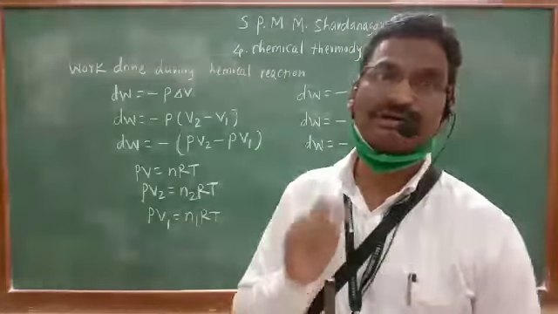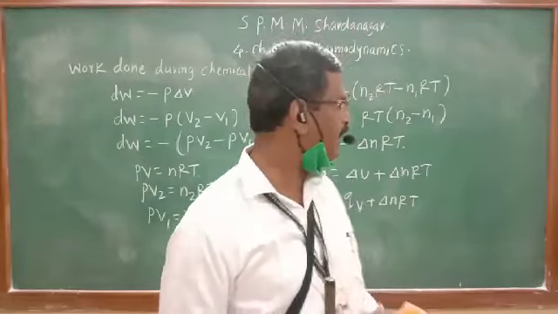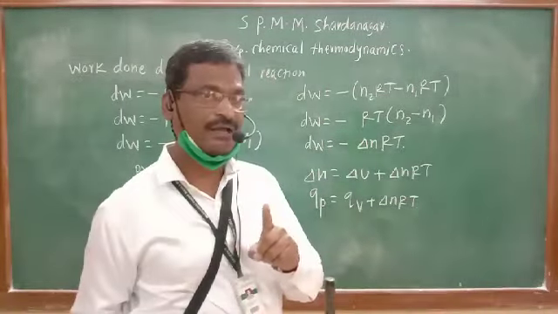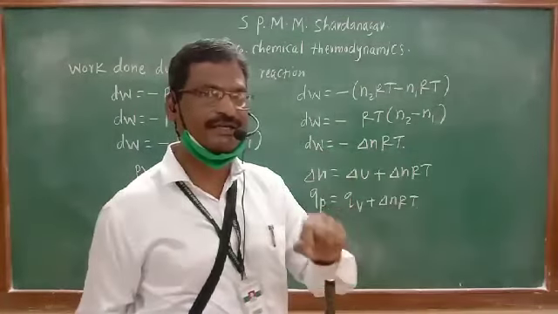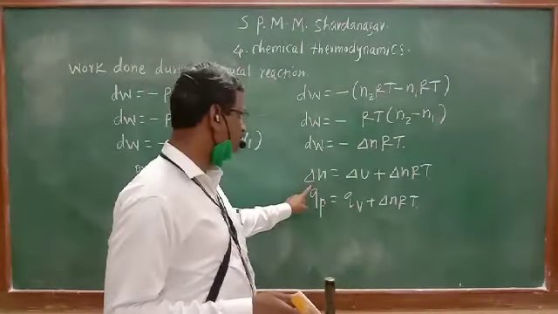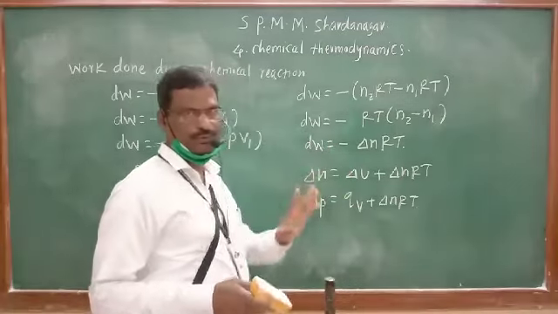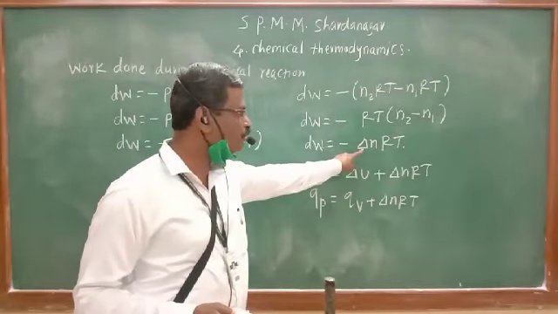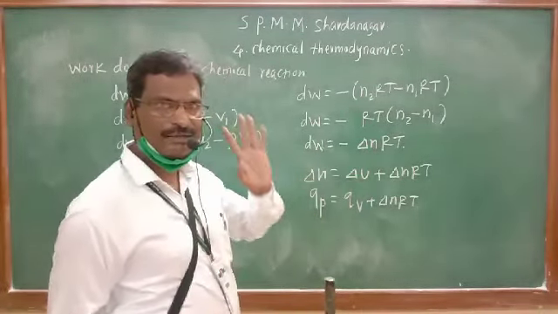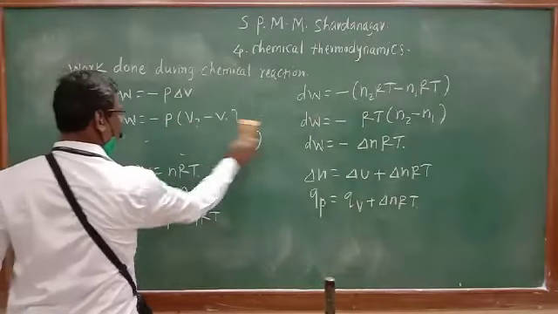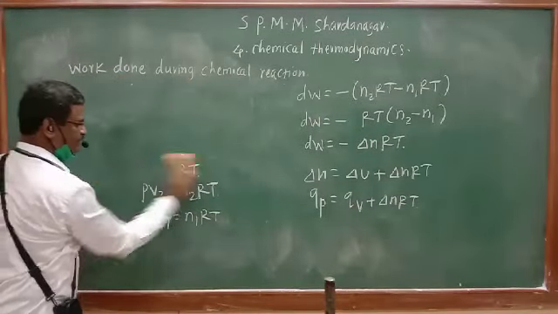Now the important point over here I am telling is that under which conditions delta H is equal to delta U and how to calculate delta N. That is the important point for certain chemical reactions.